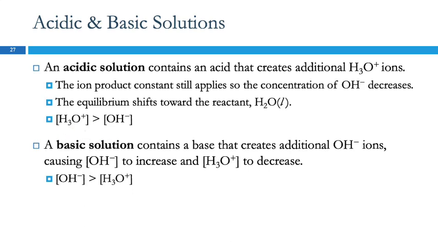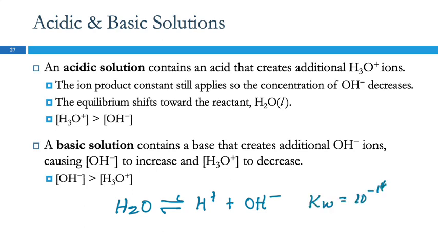In a basic solution, a base has been added, so we've got additional hydroxide ions. Let's draw this out again. So if we add hydroxide ions, well, Le Chatelier's principle here, right?